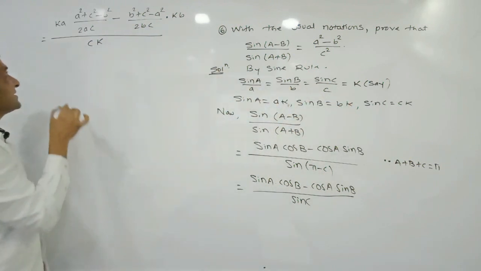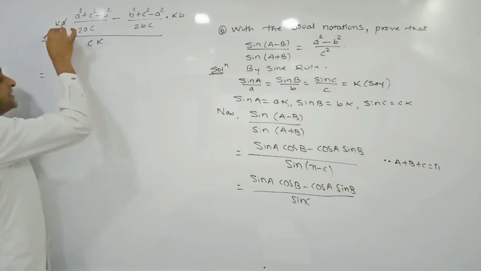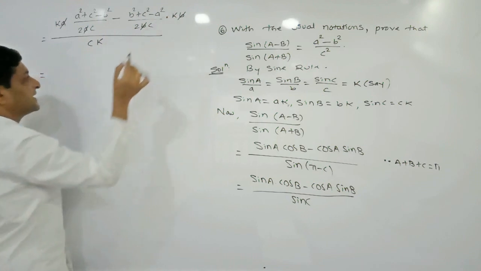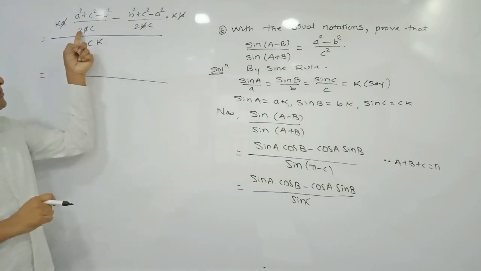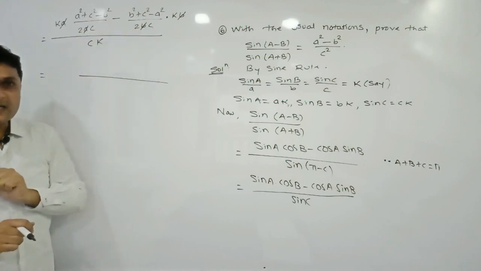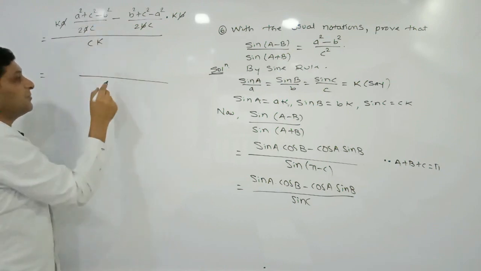Now observe the numerator very carefully. Here a and a will get cancelled, and this b and b will get cancelled, and we can easily observe that the denominator of both terms is the same, 2c. Since the denominators are the same, we take the subtraction of the numerators over 2c.